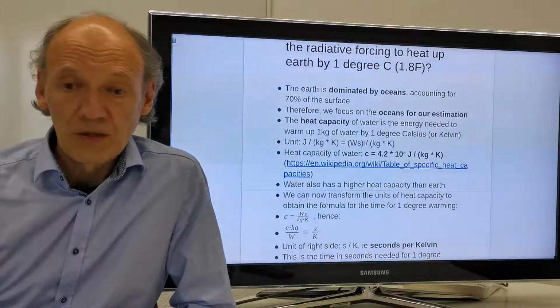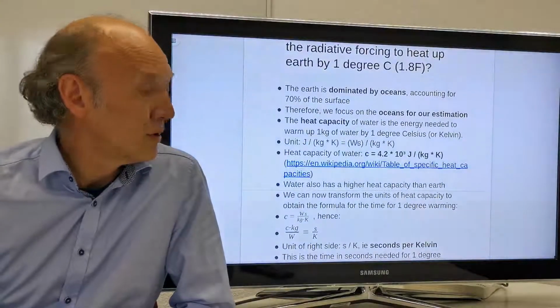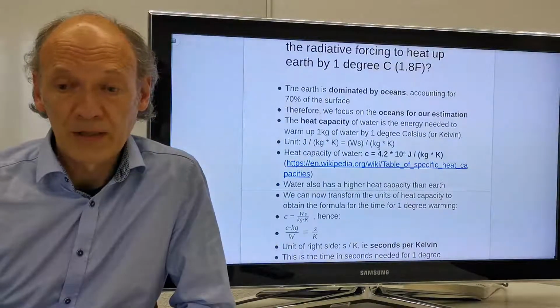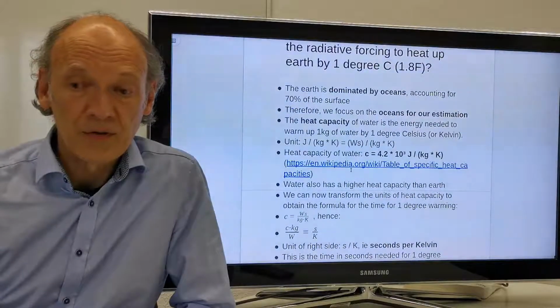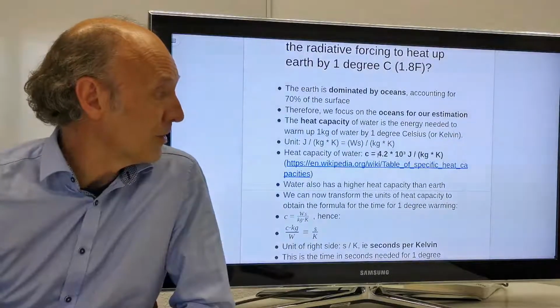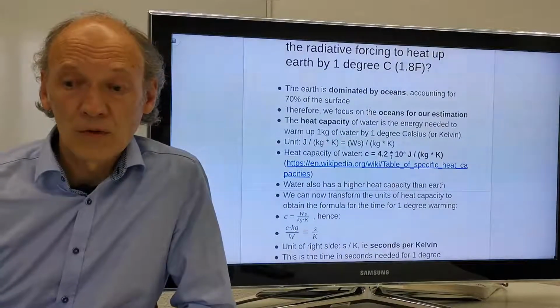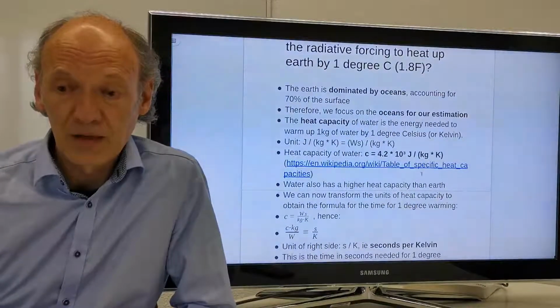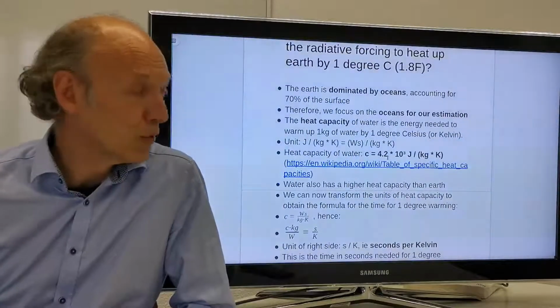So the unit of the heat capacity is joule per kilogram in Kelvin, or watt seconds per kilogram in Kelvin. We can take a look at this table of specific heat capacities and see that water has a heat capacity of 4.2 times 10 to the third joule per kilogram in Kelvin, or 4.2 kilojoule per kilogram in Kelvin.